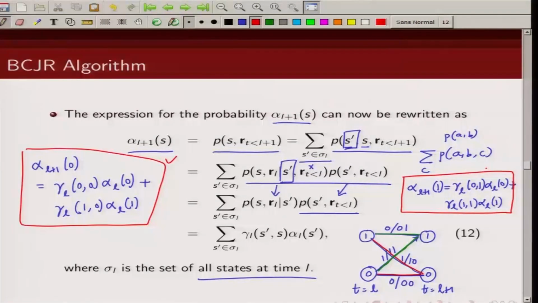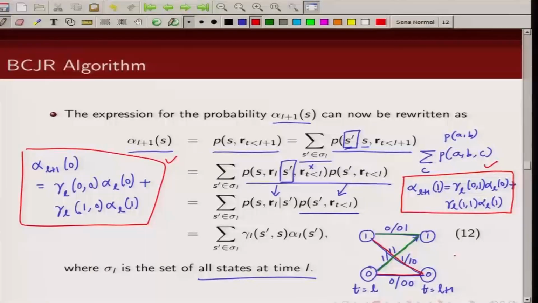You can see I can recursively compute alpha at time L plus 1 from alpha at time L and the branch matrix gamma. Now, to do this recursion, we need to know the initial condition.